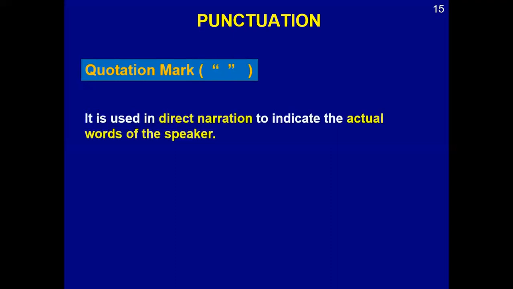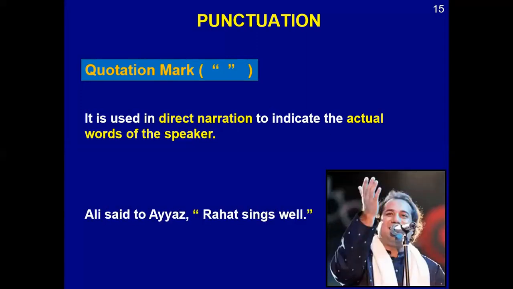It is used in direct narration to indicate the actual words of a speaker. Ali said to Ayaz, "Rahat Singh's wife." As these are the direct words or actual words of Ali, that's why they have been written in inverted commas.